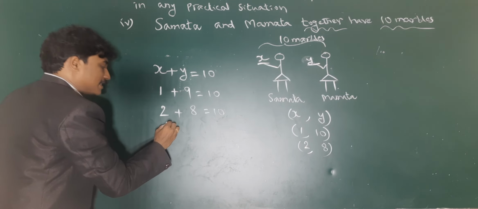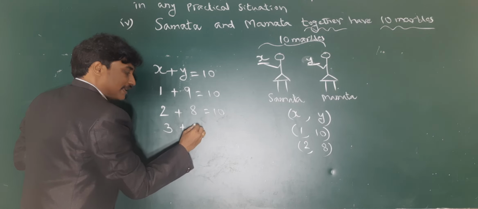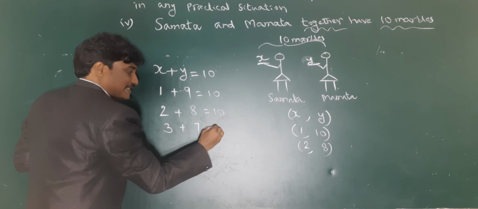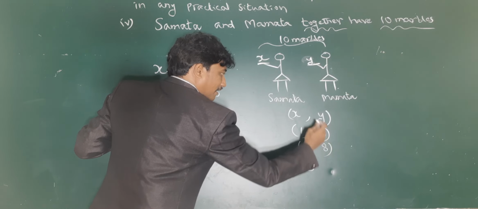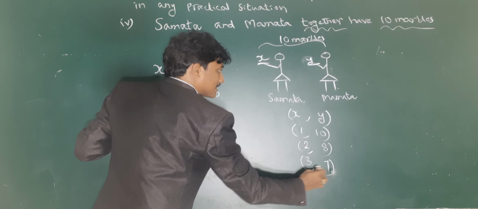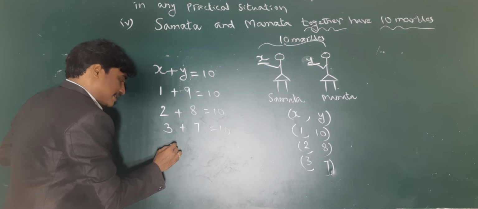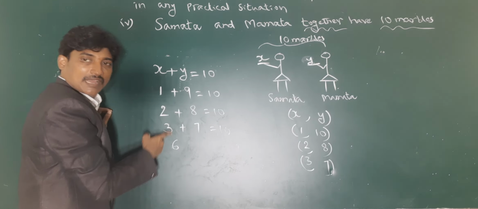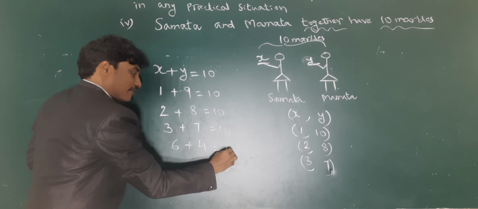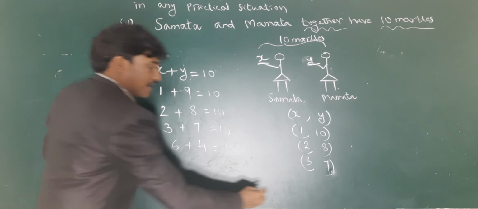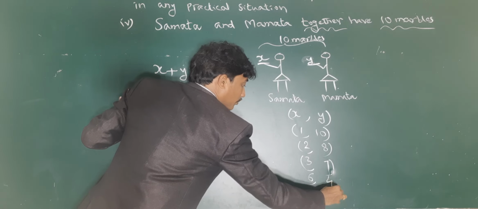If there are 3 marbles in Samata's hand, there are 7 in Mamata's hand, because 3 plus 7 is 10. If there are 6 marbles in Samata's hand, there will be only 4 in Mamata's hand, because 6 plus 4 is 10. If the x value is 6, then the y value is 4.